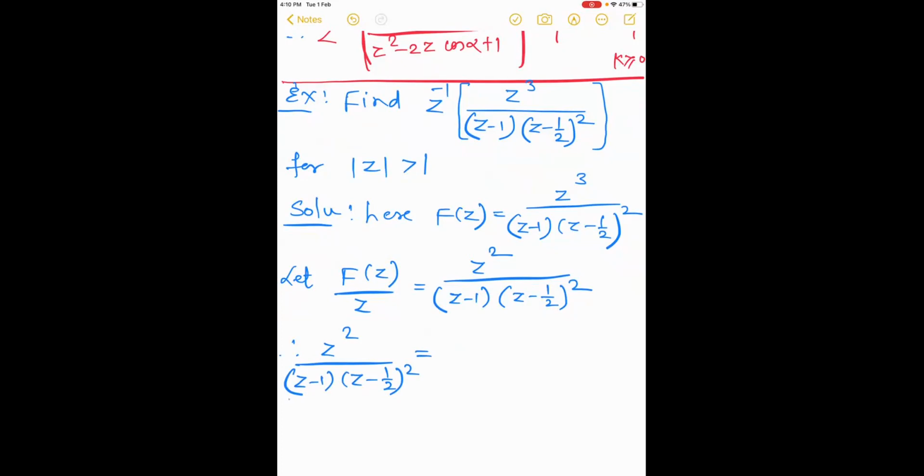There is one linear factor z minus 1, which is non-repeated. And there is another factor (z minus half) square. Square means repeated.